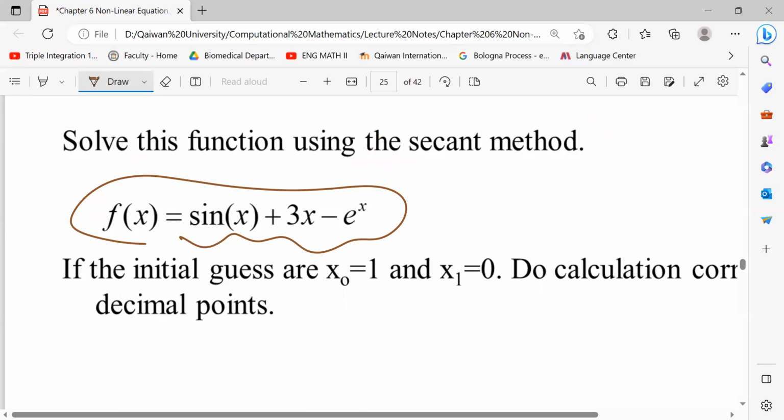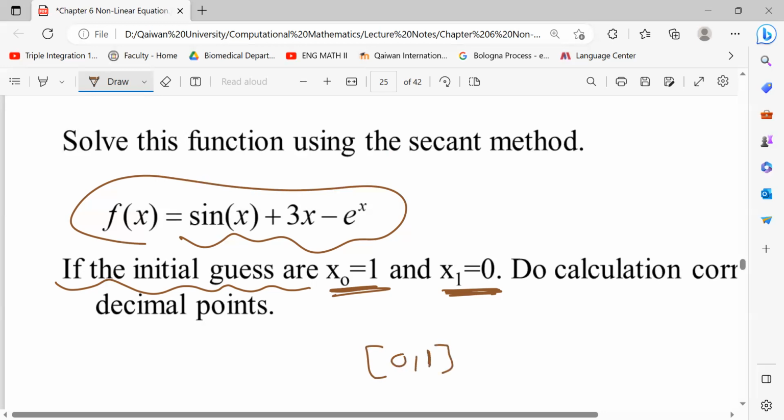Even if it's not given, the initial guesses x0 is 1 and x1 is 0, 2 points are given. From these 2 points, we recognize that we need to use the secant method.